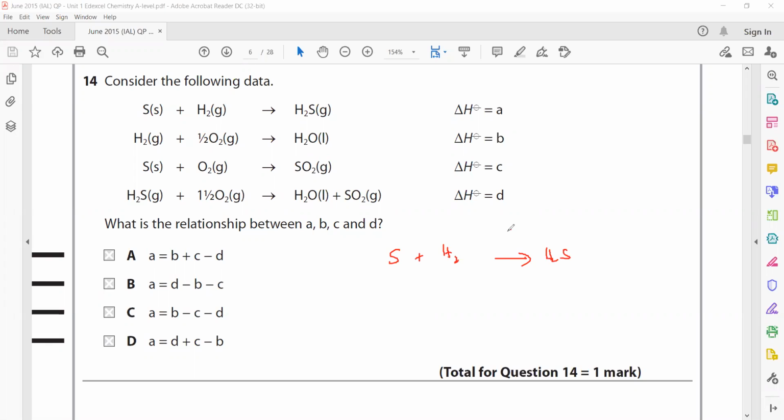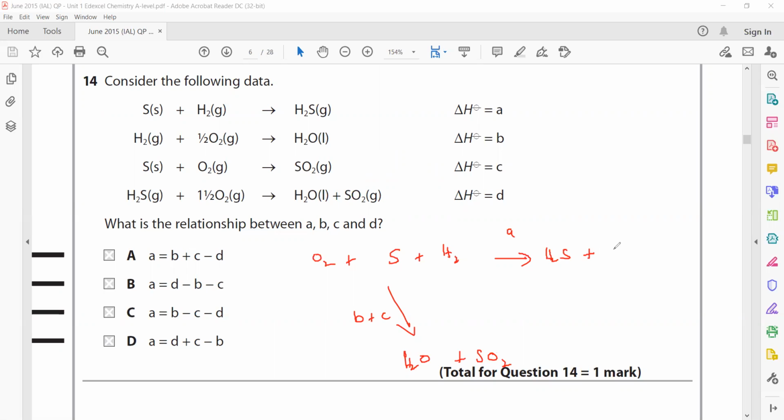That is A. If hydrogen reacts with oxygen, it can form water, and we call this B. If sulfur reacts with oxygen, it forms sulfur dioxide. We call this C. So this is actually B plus C.